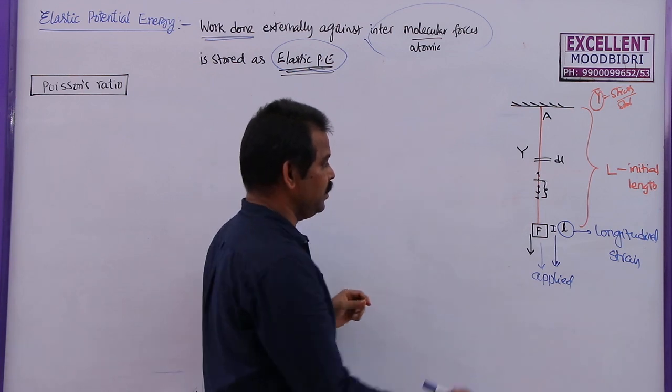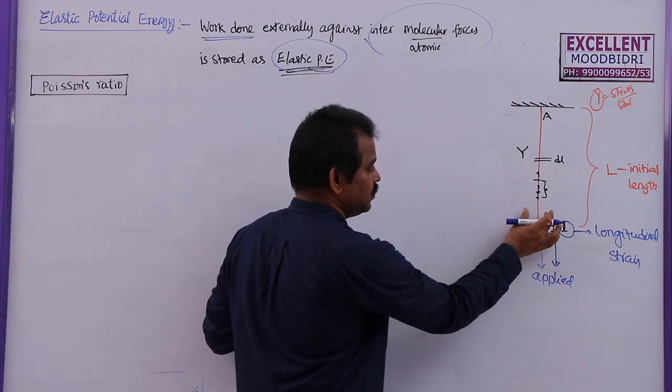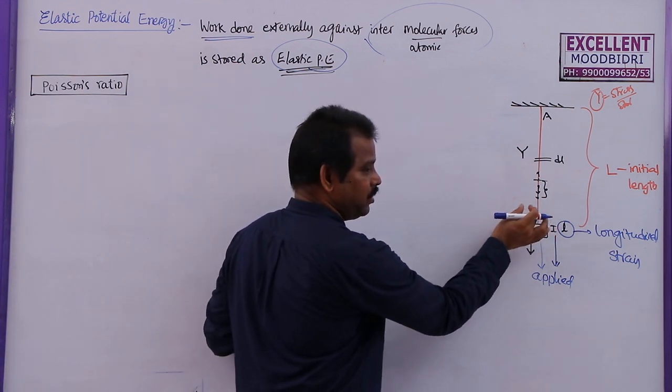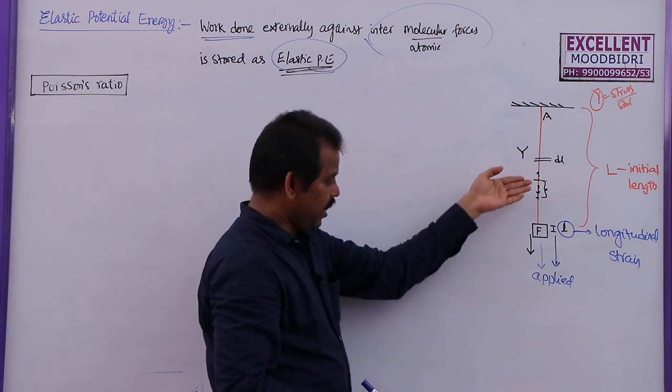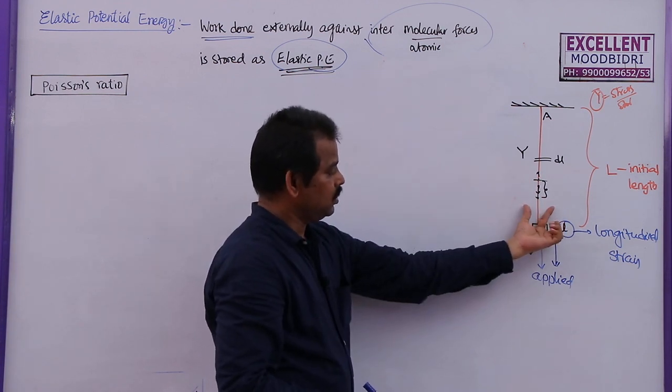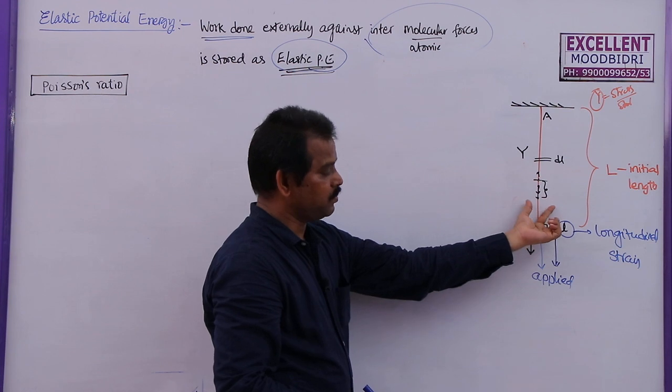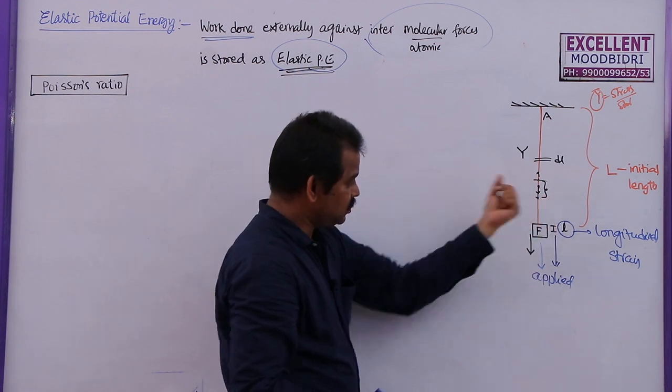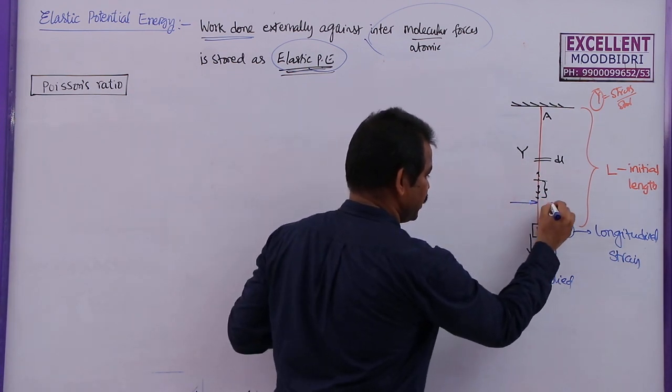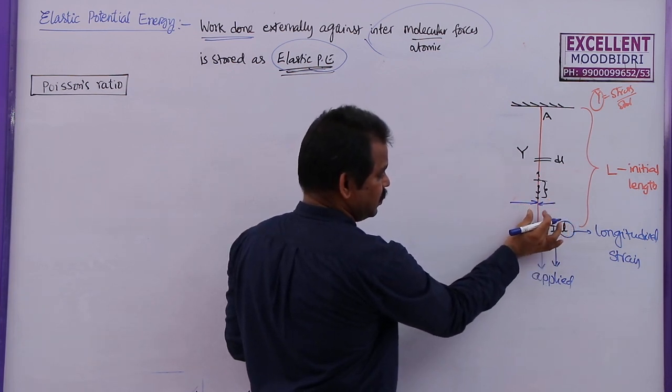There will be one more strain, that is, a change in diameter of the wire to the original diameter. As the length increases, the diameter or the radius of the wire will decrease. That means the radius is decreasing like this.